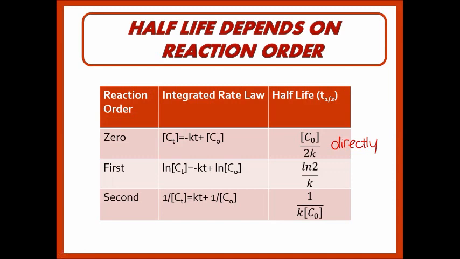However, for a first order reaction, the initial reactant concentration isn't present in our t 1/2 equation, and therefore the first order reaction is independent of initial reactant concentration. And finally, when looking at our second order half-life equation, we can see that the initial reactant concentration is on the denominator, and so this means that initial reactant concentration is inversely related to the half-life.